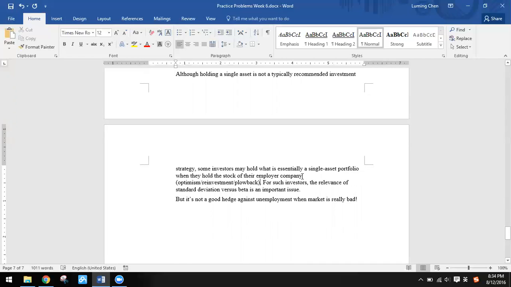For such investors, the relevance of standard deviation versus beta is an important issue because they just want higher risk-adjusted return for this single stock. So we just calculate the Sharpe ratio.